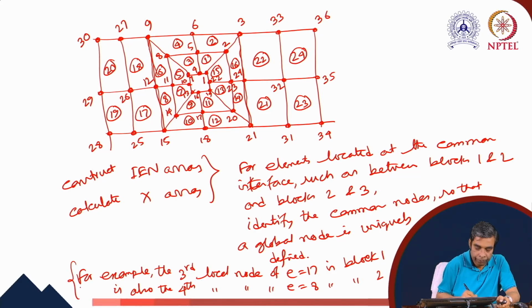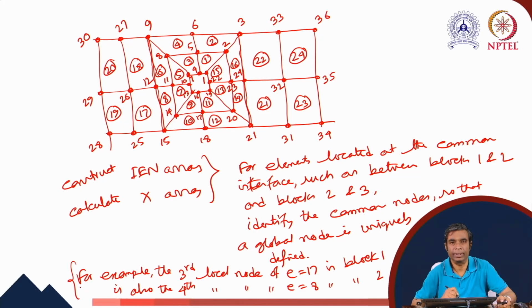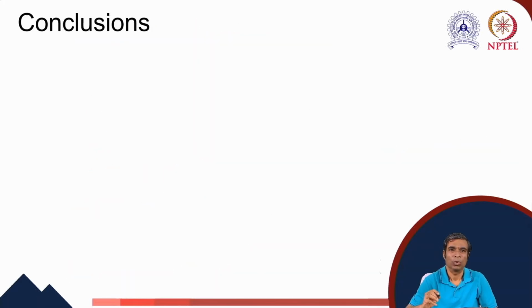So you should use conditions in your computer program so that this kind of overlapping can be identified. This overlapping you have to specify in your computer programming for all the global nodes that are located at the common interfaces. So here we conclude today's discussion.